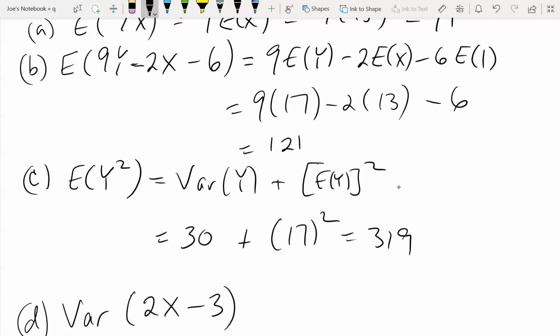Go to the formula. This one takes a little bit of work, but it's not horrible.